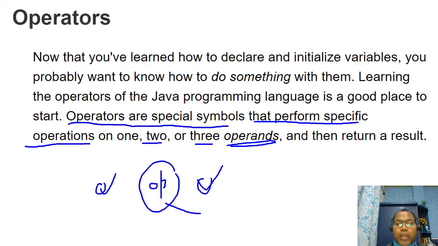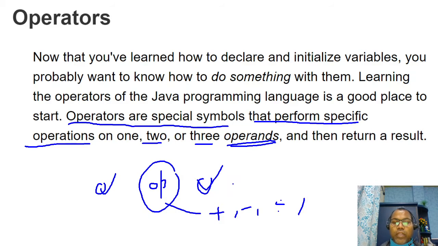The operator can be plus, minus, division, subtraction, can be lots of operators. We will discuss in detail what kind of operators Java as a programming language provides to us.